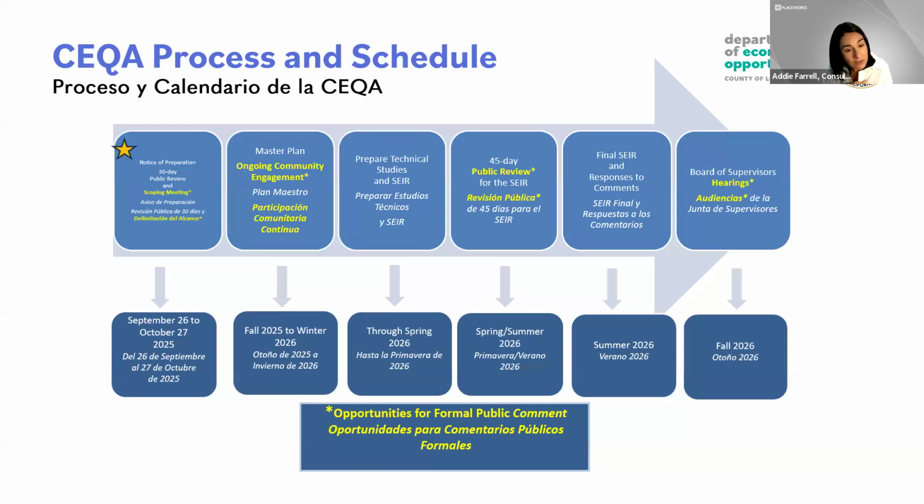And additionally, as Kristen had mentioned, the master plan is also going through its own separate but interrelated sets of community engagement and outreach processes. All comments received during the 30-day public comment period, which runs through October 27, will be used during preparation of the SEIR.